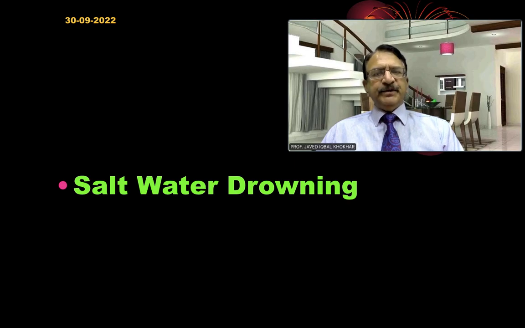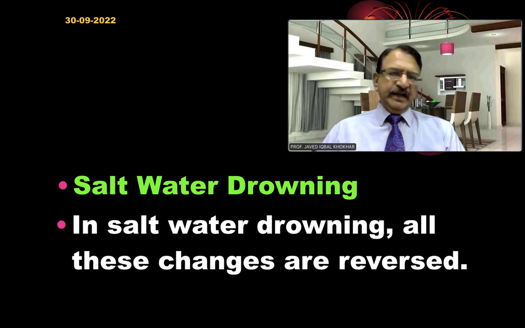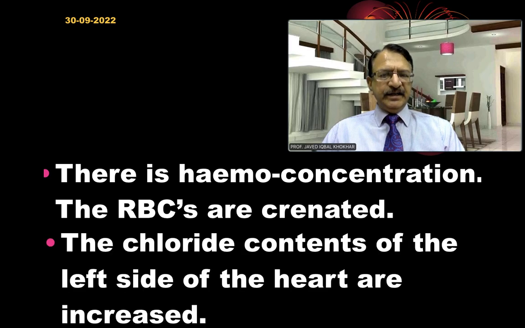Now what happens in saltwater drowning? In saltwater drowning, all these changes are reversed because this is hypertonic water and it will extract water from the circulation into the lungs. And there will be hemoconcentration, RBCs will be crenated, and the chloride content of the left side of the heart will be increased.